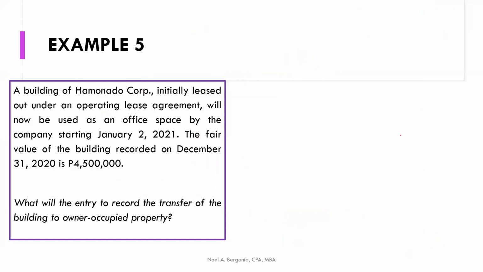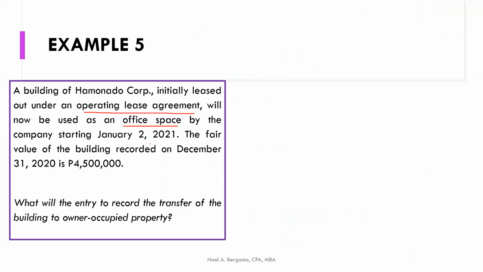So we are asked to provide for the entry. Okay, so a building of Hamonado Corporation leases out under an operating lease agreement. So this is an investment property kasi initially naka-operating lease siya. Will now be used as an office space. So ayan, gagamitin na daw siya ng office space starting January 2.